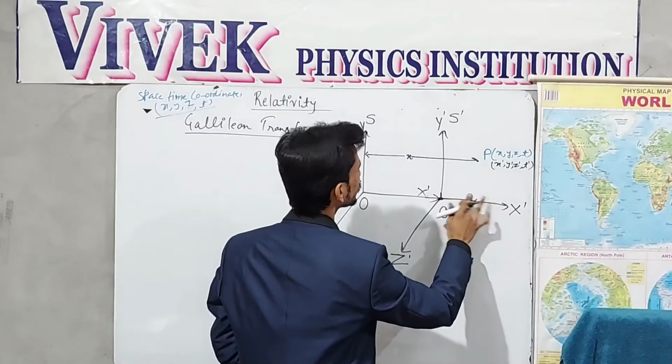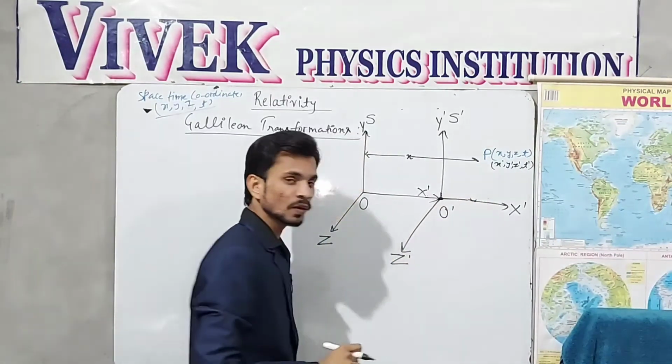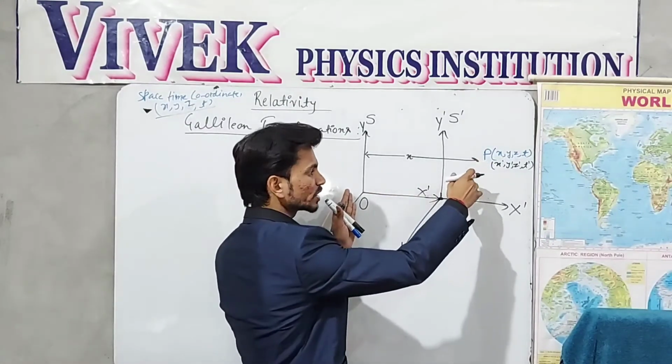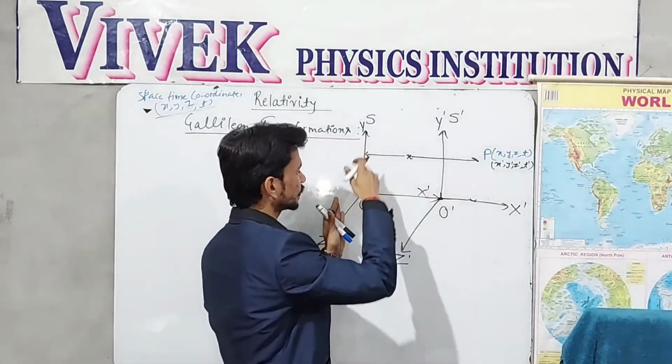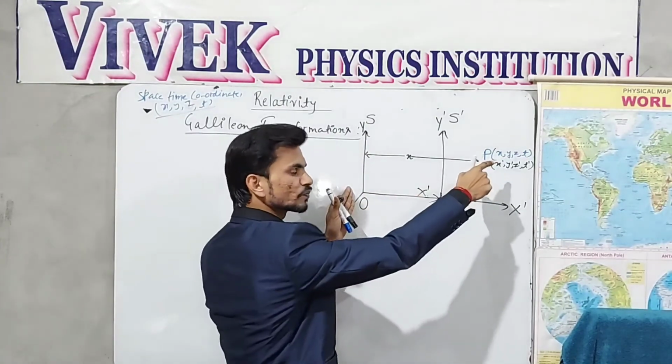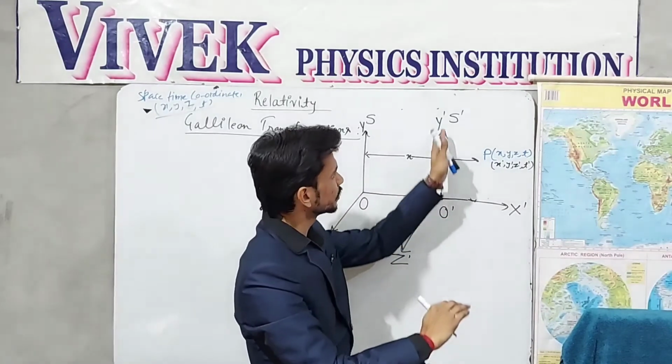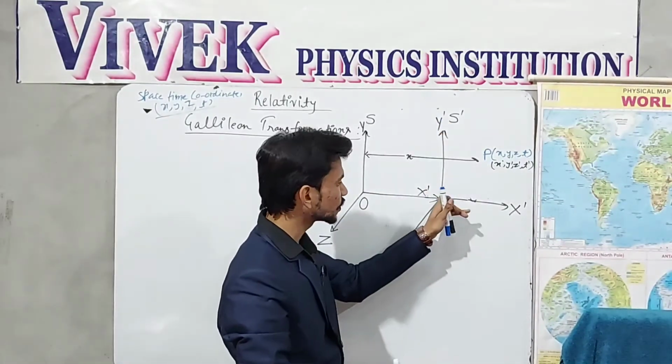Let me write down here only the x coordinate. Now this particle or phenomenon is observed in the frame of reference S at time t, and after time t this S dash frame has moved up to here.